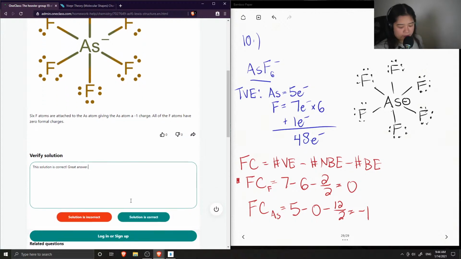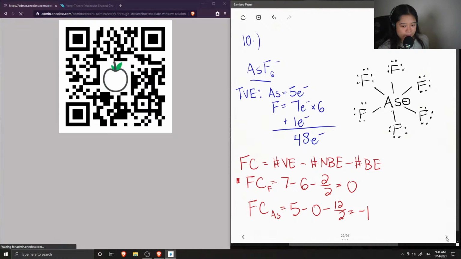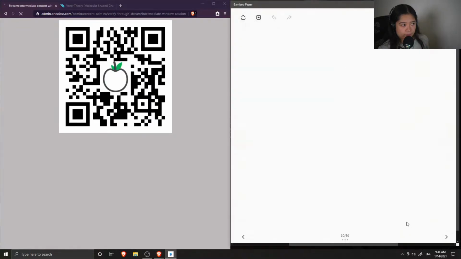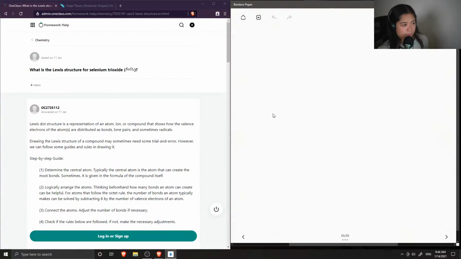I think we have time for one more quick question. Question 11: what is the Lewis structure for selenium trioxide?